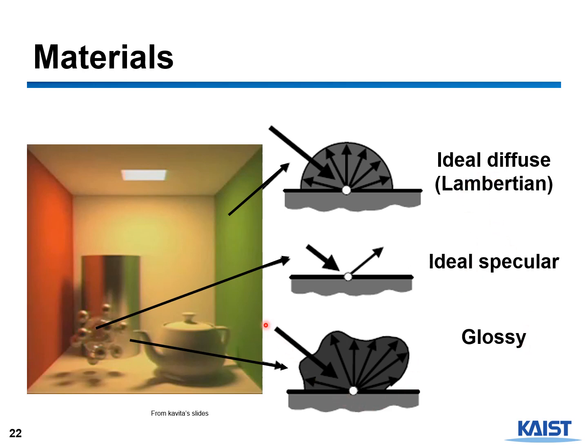If you receive this energy, it may emit a lot of energy in one direction, so if you look at the surface from there, you might see the highlight. But we don't reflect a lot of energy in other directions, so if you look at this material from there, it may look dark. Different materials have these different reflecting properties, so to generate a realistic image, we need to consider these kinds of materials.